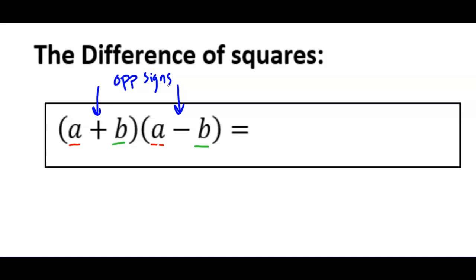If that is the case, my rule is I'm going to take a and square it, and I'm going to subtract whatever b is and square that. That's my rule, always. This is always going to be a minus sign.